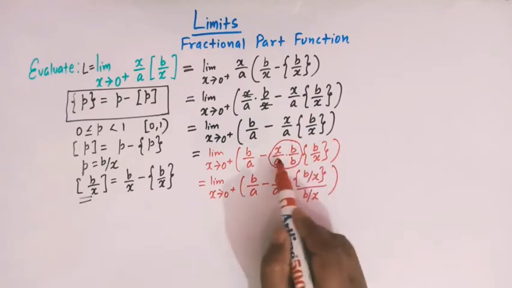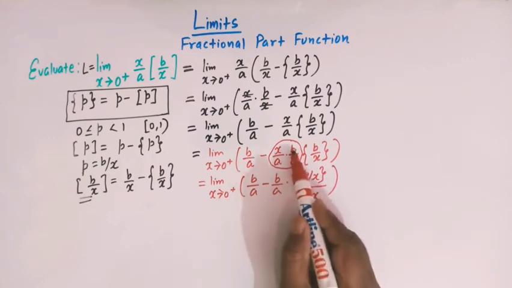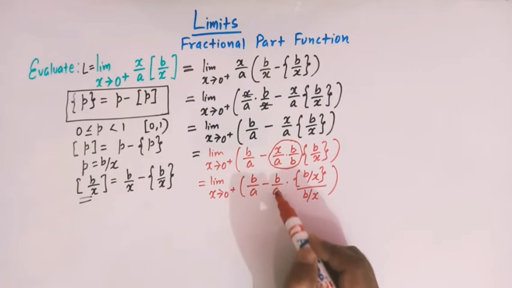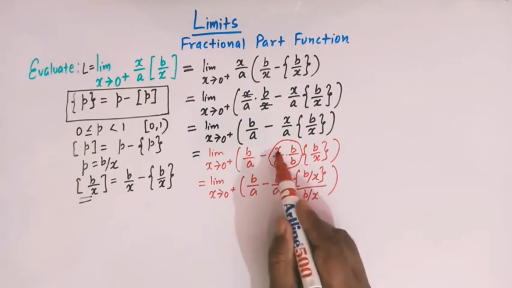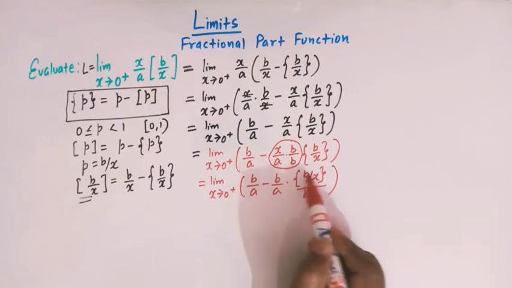So this is a simple thing here. What we have done is collect this b and a, so we have written b over a, then we have taken x to the denominator of b, so we have written b over x.